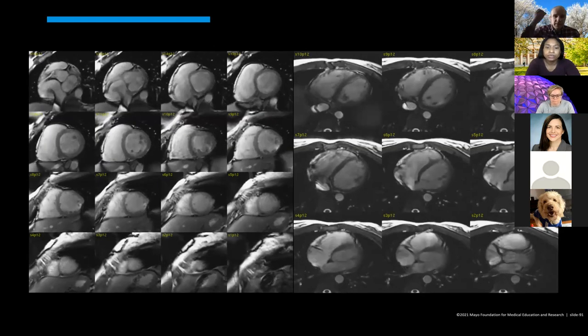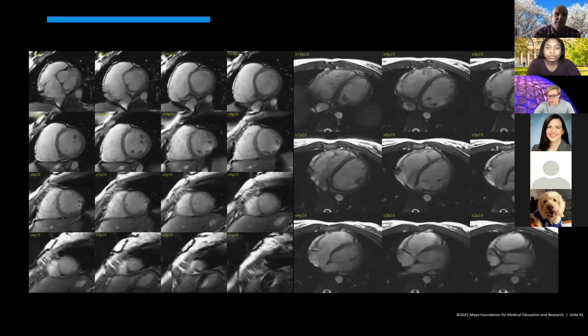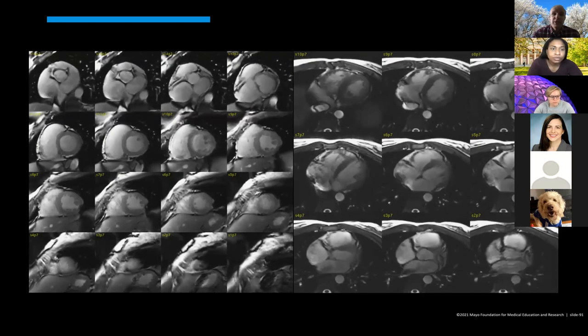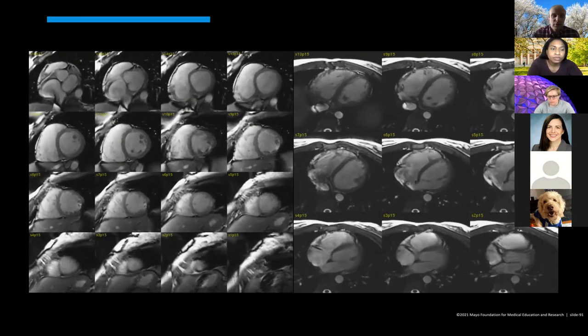So this is a 26-year-old who presented with palpitations. When you do the quantification, the right ventricle is enlarged and the right ventricular ejection fraction is low.